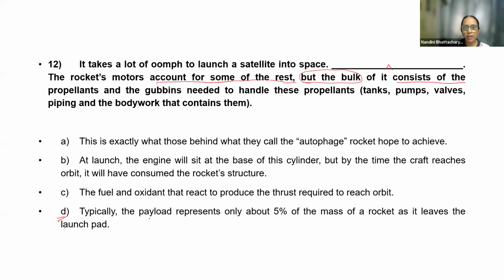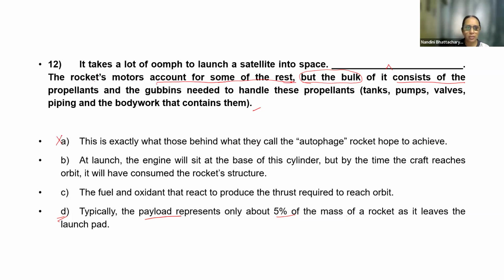So typically the payload represents only about 5% of the mass, and then it talks about rocket's motors accounting for the rest. That connects. So the whole thing is talking about what is required to get it up.